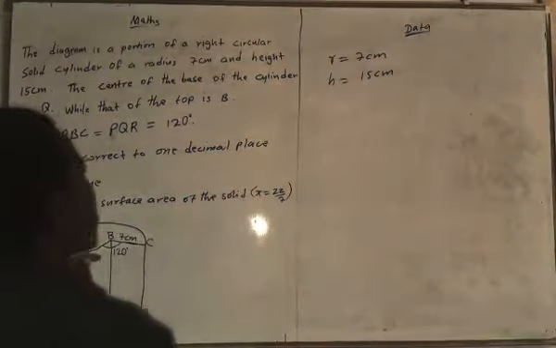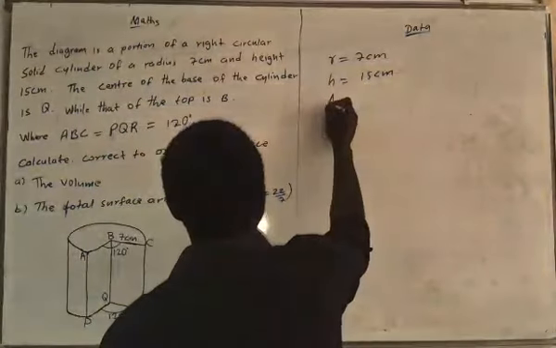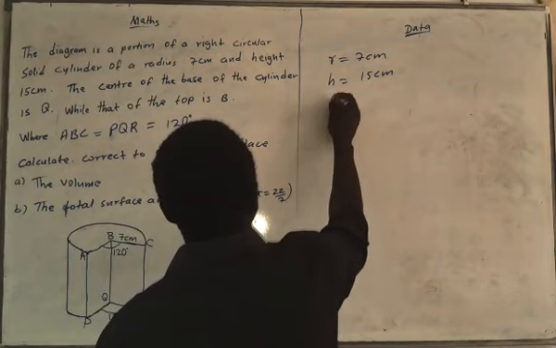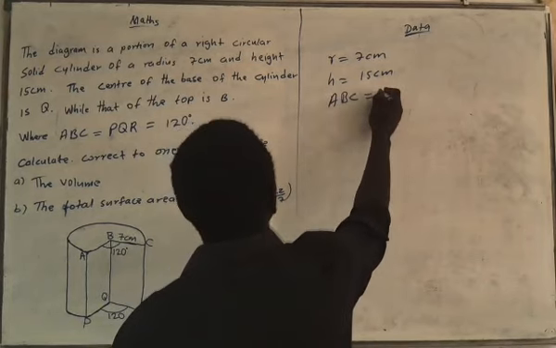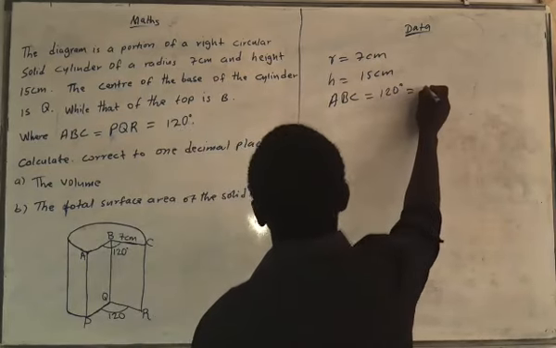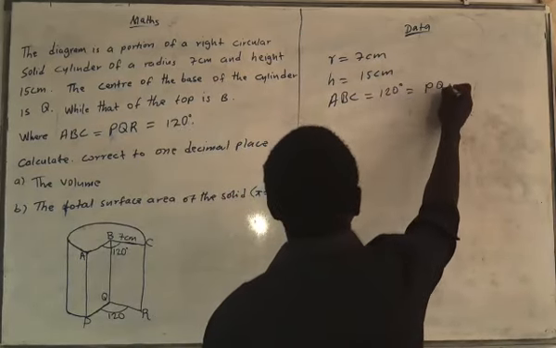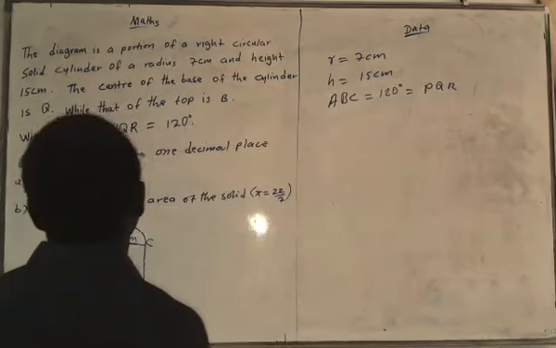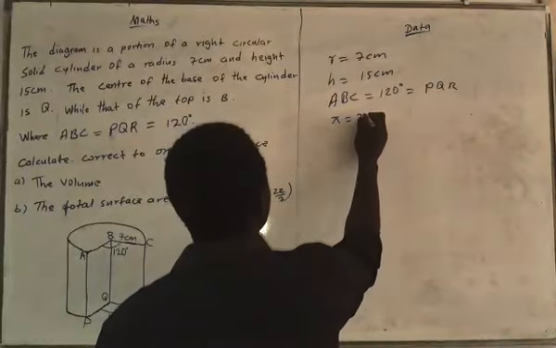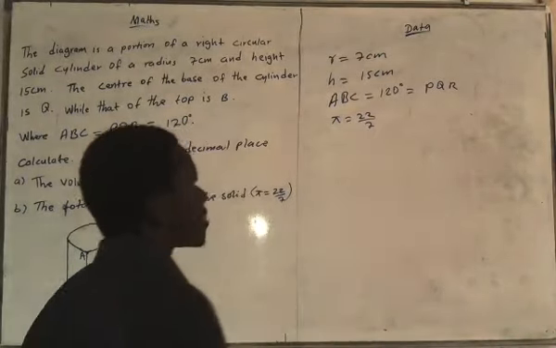And angle ABC is 120 degrees, which is equal to angle PQR. So we are asked to calculate the volume, but pi is given to be 22/7.